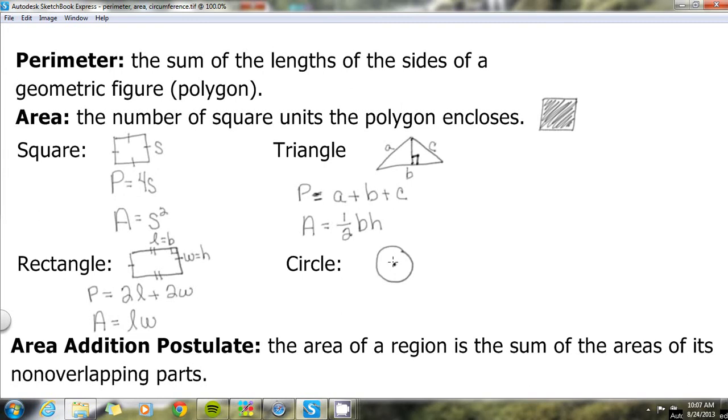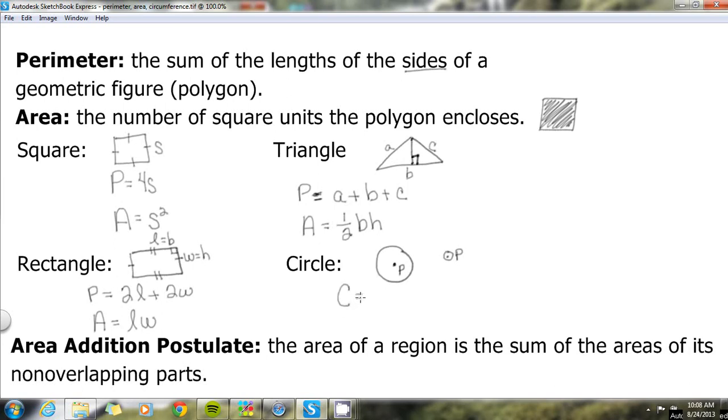So if we called this circle P, we would write it as circle P. Perimeter applies to sides. Notice up here in our definition of perimeter, we're talking about the length of the sides. Instead of perimeter with a circle, we call it circumference. And circumference is a capital C.